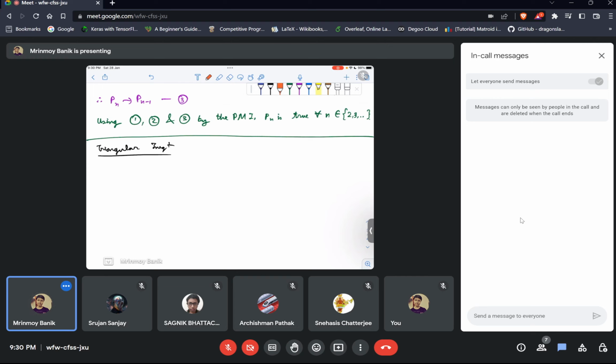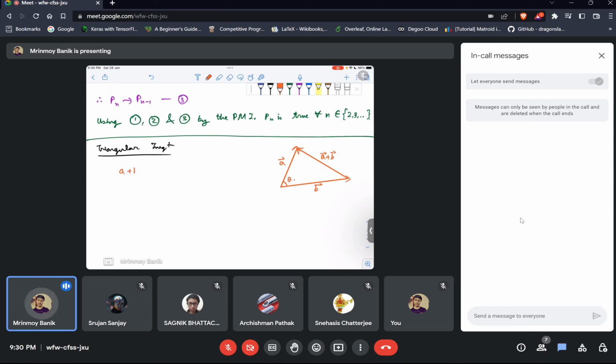This is due to vector addition, you can think of. If you have two vectors of length A and B, then the third side is the vector sum of these two sides. So this angle, let this be theta.